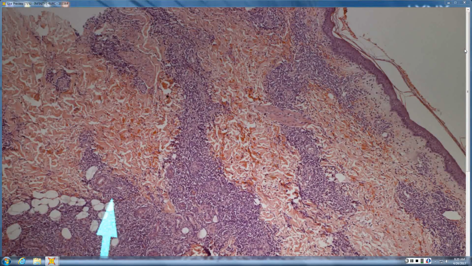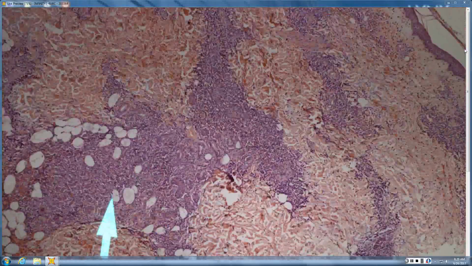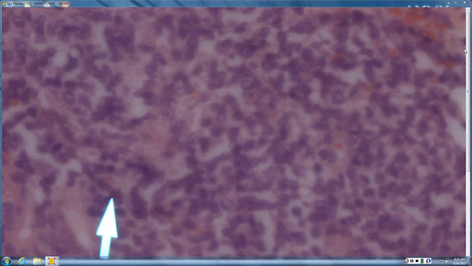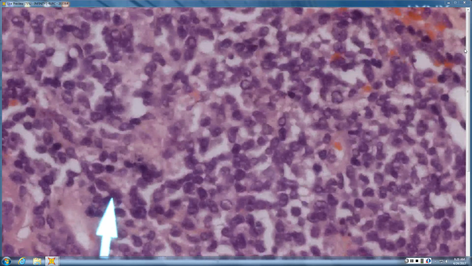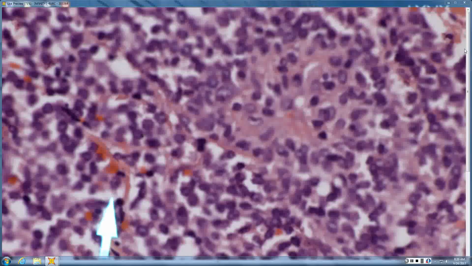So this one is a superficial and deep nodular perivascular and periadnexal infiltrate that extends down into the superficial fat. It looks like they're mostly smaller lymphocytes. Some may be medium, but not that much cytoplasm to them, but they have a little bit. I'm not seeing the big blastic type cells.